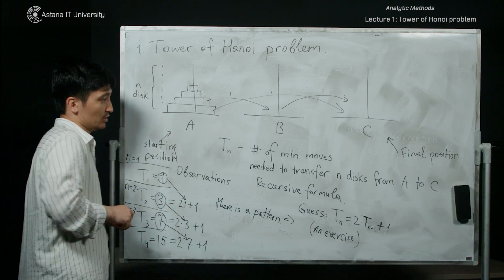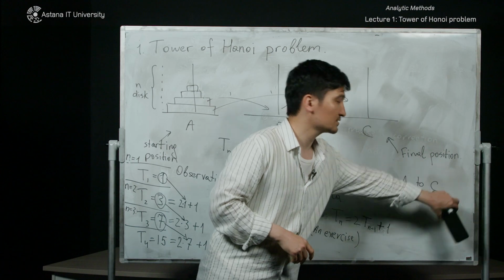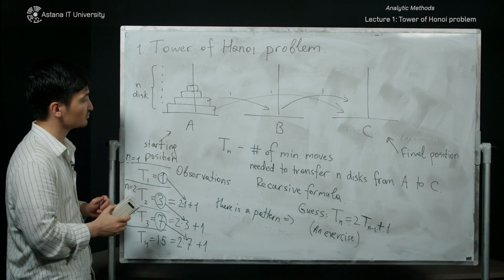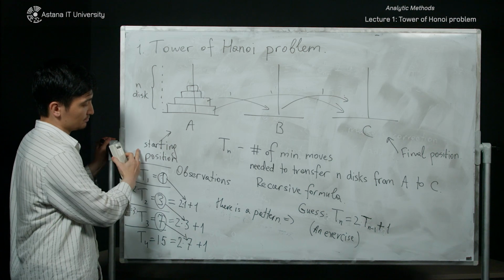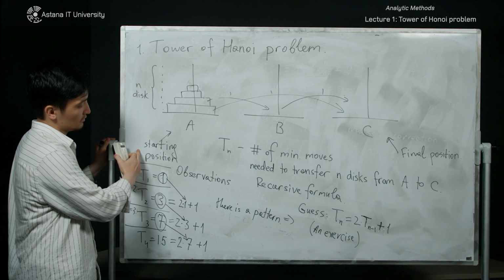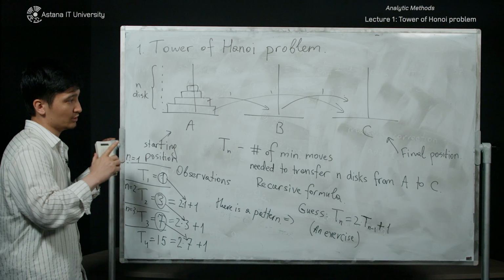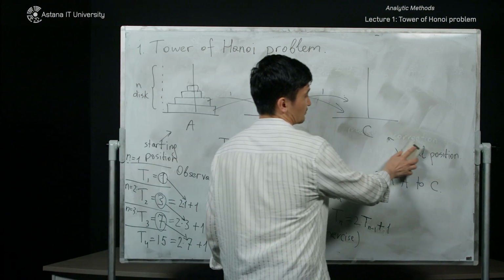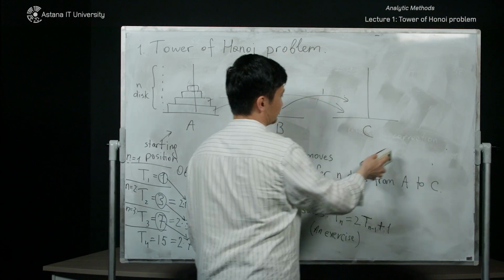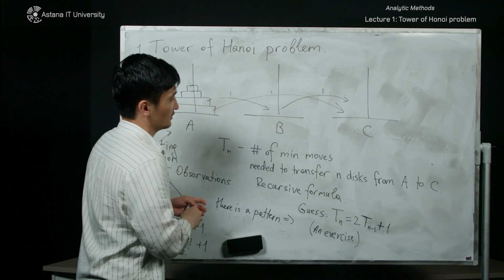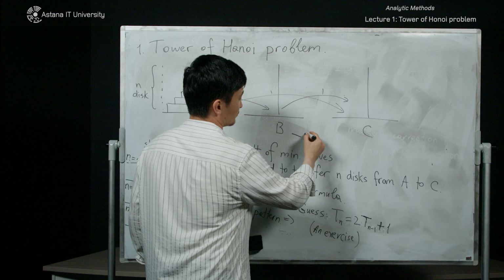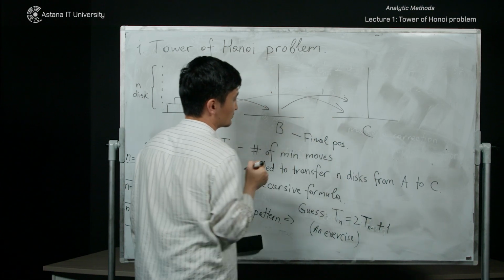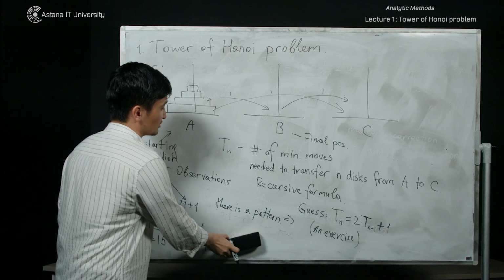So let's say we have the problem slightly changed. Again, same Tower of Hanoi problem. We have the starting position in A, and we have the final position now not in C but in B. So let's say this is my final position, and there is one more restriction.